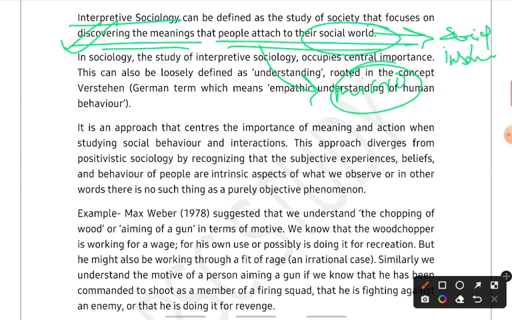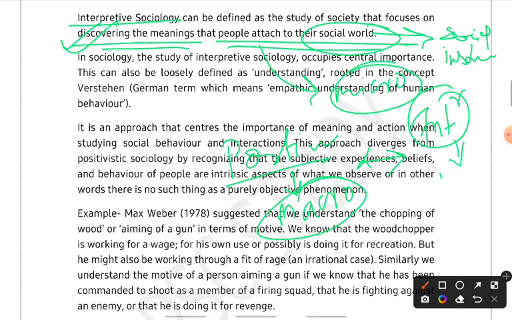A little background: positivists were there, and they tried to build a macro approach to social institutions. In contrast to this, interpretative sociology developed.